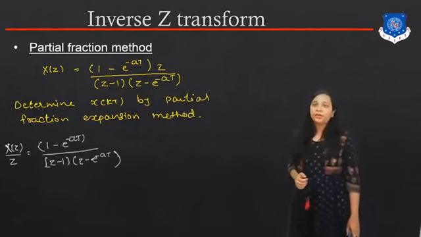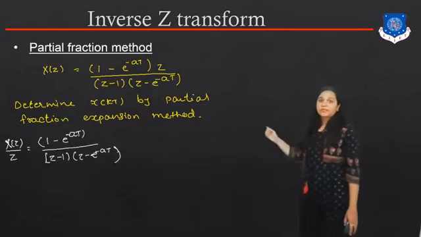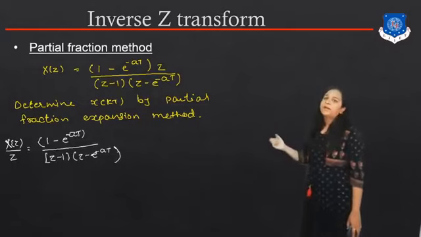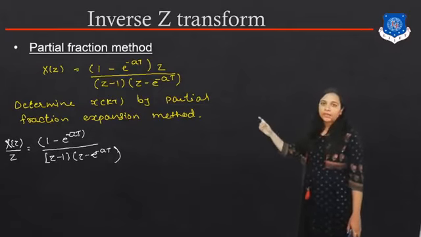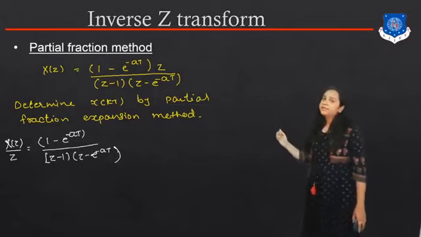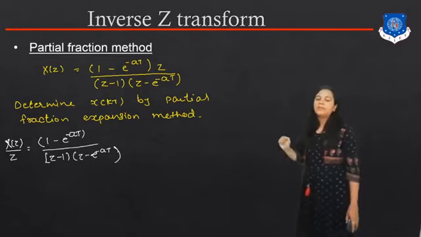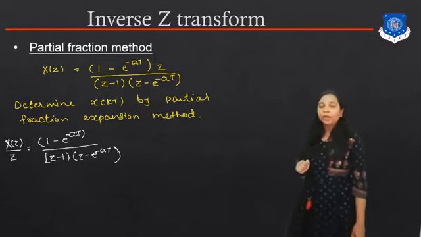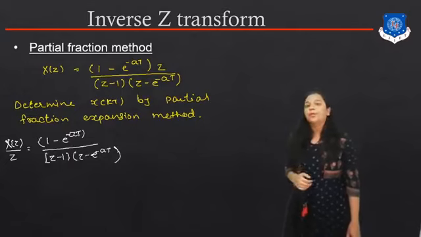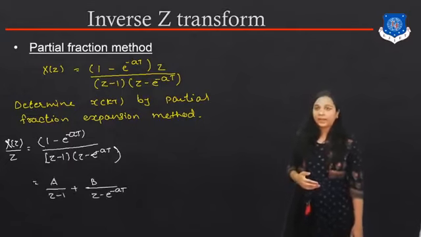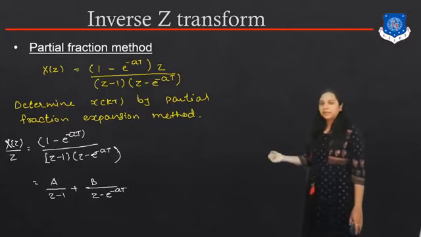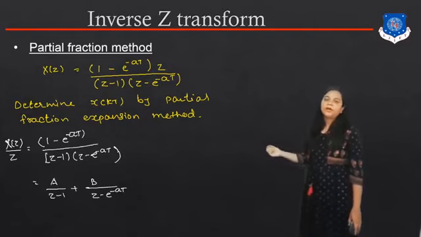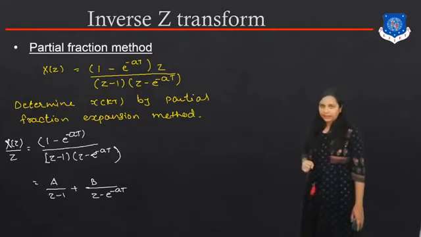First of all, write the equation x of z upon z that is equal to (1 minus e raised to minus aT) upon (z minus 1)(z minus e raised to minus aT). Now the next step is to apply the partial fraction method, and for that we can write the equation like this: A upon z minus 1 plus B upon z minus e raised to minus aT.